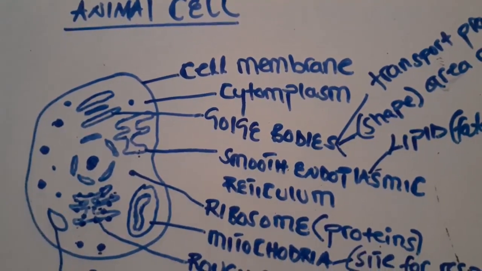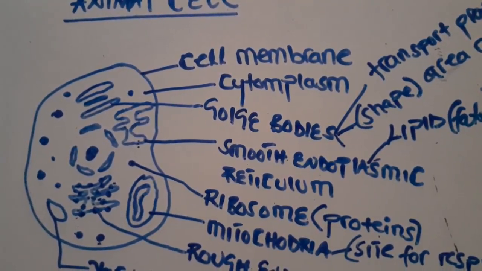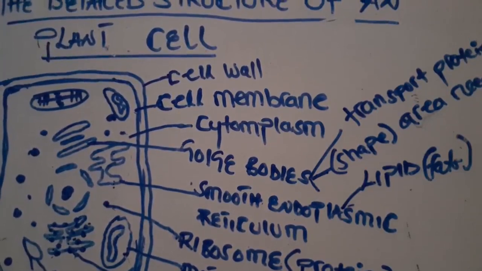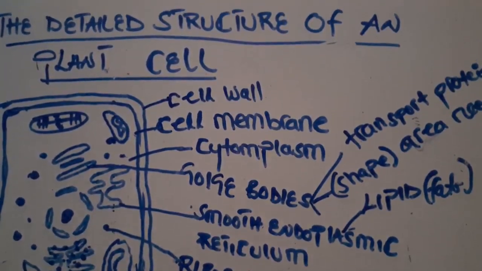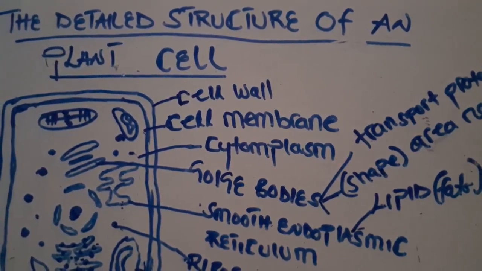So let's also look at the structure of a plant cell. This is a detailed structure of a plant cell.